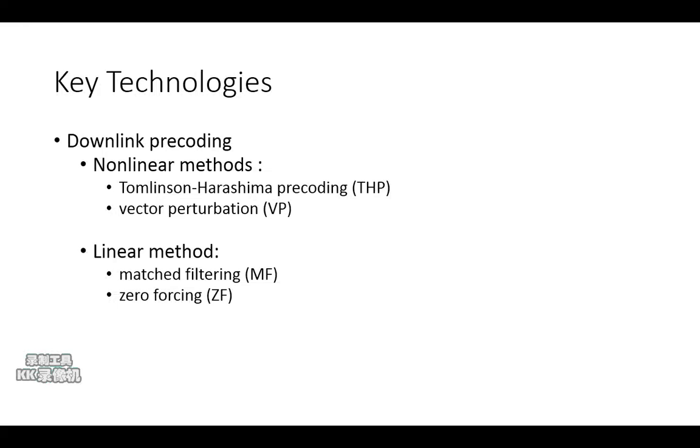It was mentioned in some investigations that MF is optimal when the number of baseband antennas approaches infinity, but with a finite number of transmit antennas, MF needs at least two orders of magnitude more base station antennas than ZF to gain the same capacity.